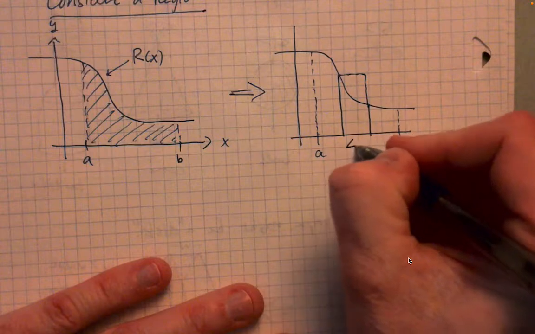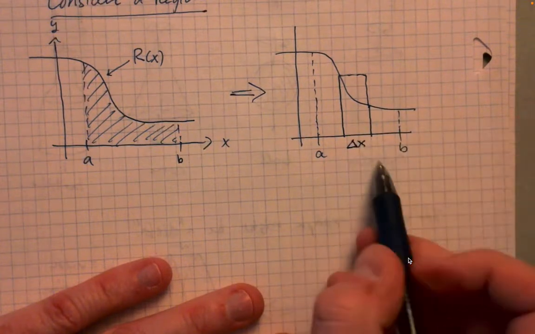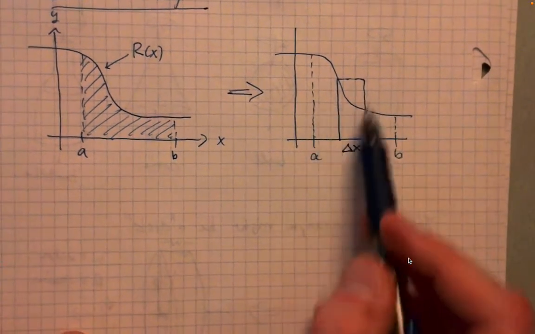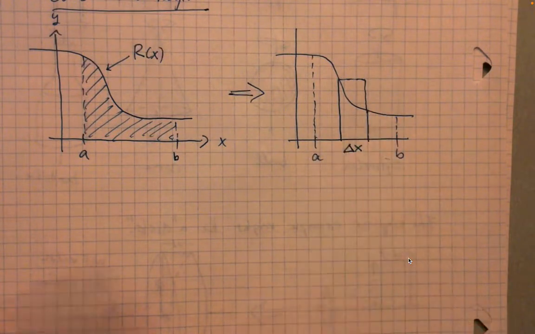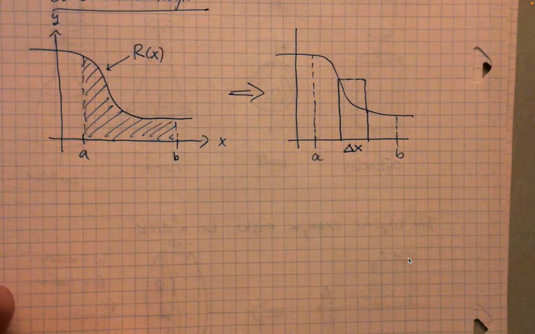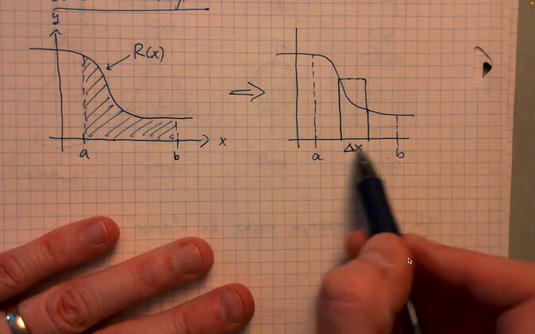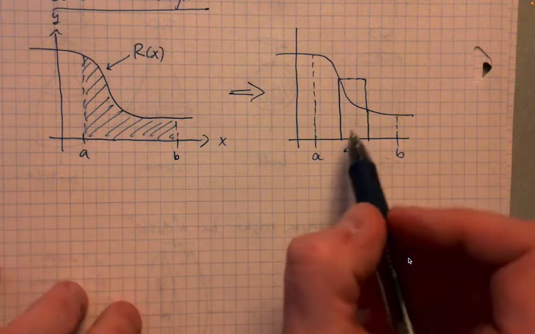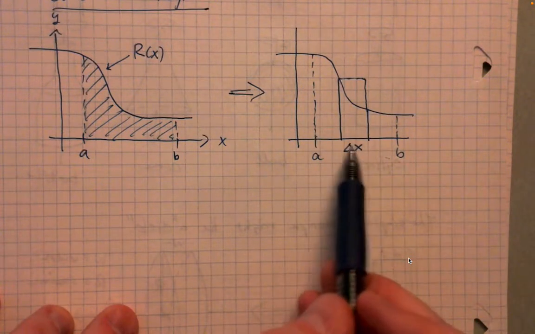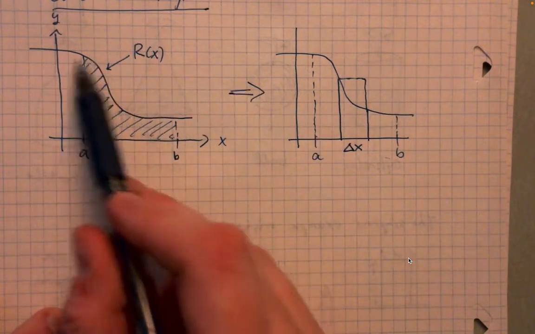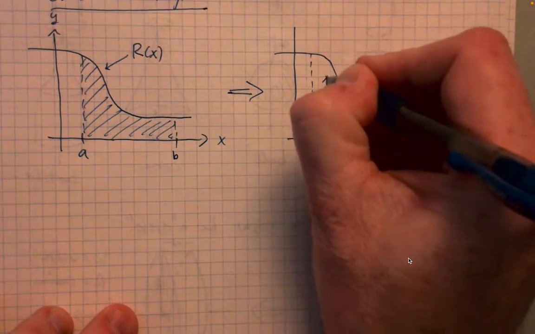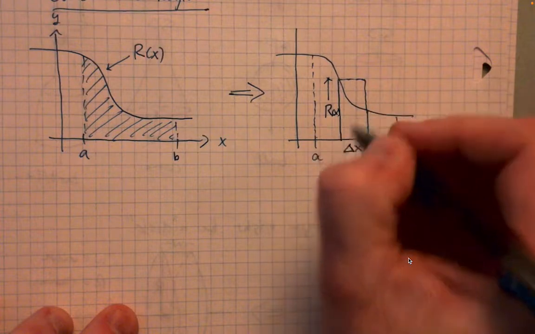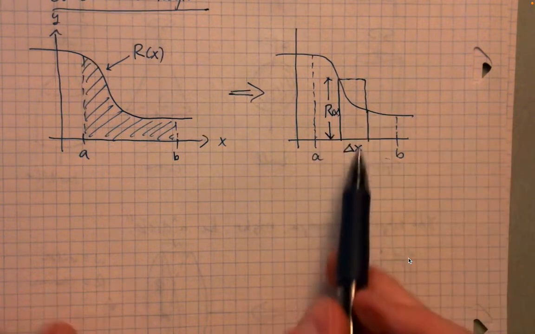Of course the width of this would be delta x. Now this is a grotesquely large representative rectangle. It's just drawn large for the sake of making it clear what we're looking at. But the width of this is delta x. Then the height of the rectangle is determined by the function r, right? So we would say the height here is r of x. I guess I should put that in there. Let's write r of x.